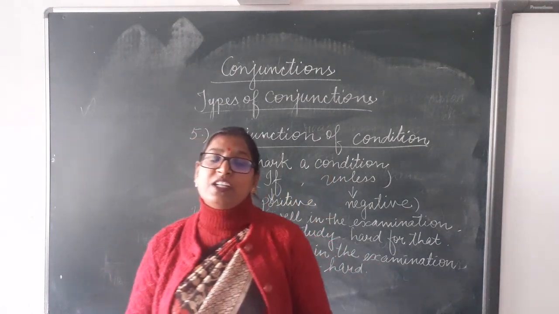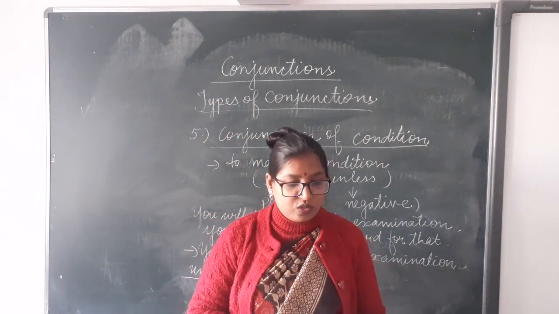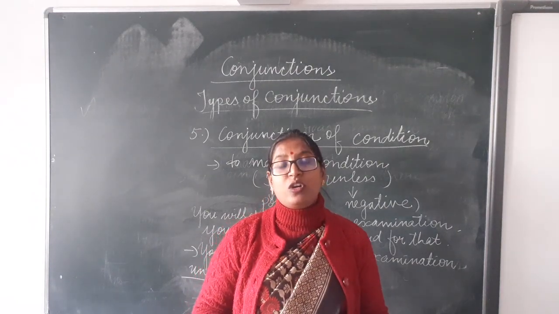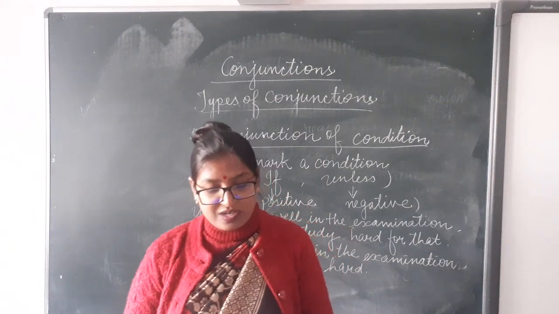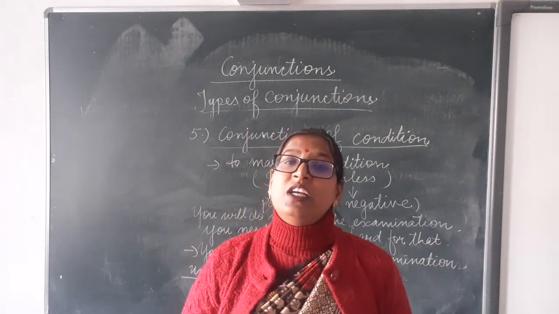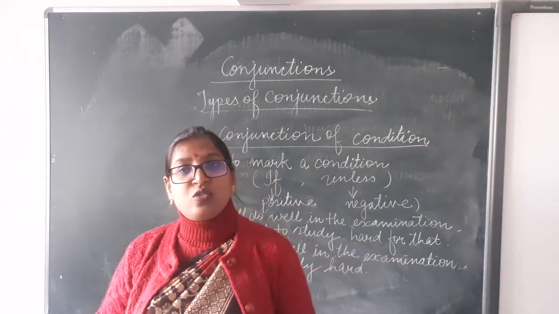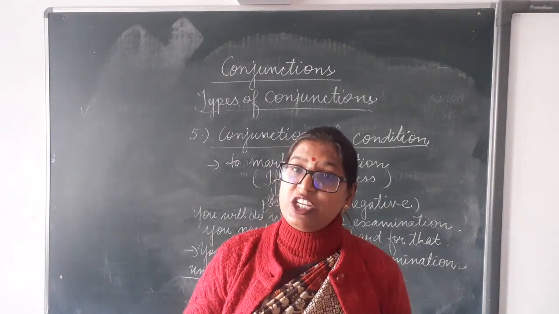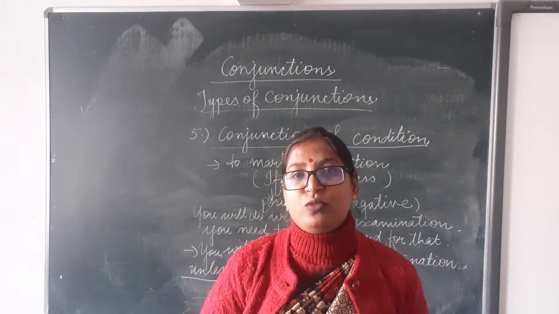I hope you understood this chapter, and your homework is to write down the definitions in your notebook, and also write the functions of conjunctions in your notebook and the different types of conjunctions, and for each you have to write the example also.